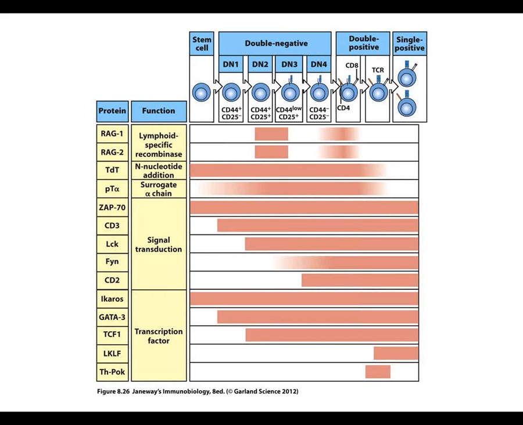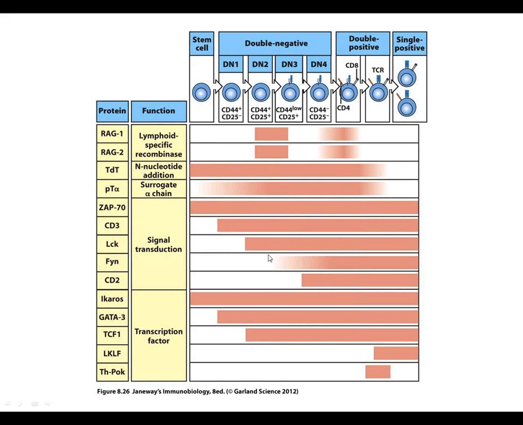So BTK, I know they arrested at the pre-B cell stage. I can't tell you what it is for ZAP70, but again, you have to have the signal or you're not going to get T cells at all. It's not that you can have T cells that don't signal and then they just don't work. Right? You actually can't even make that cell if that signaling can't occur from deficiencies like ZAP70.